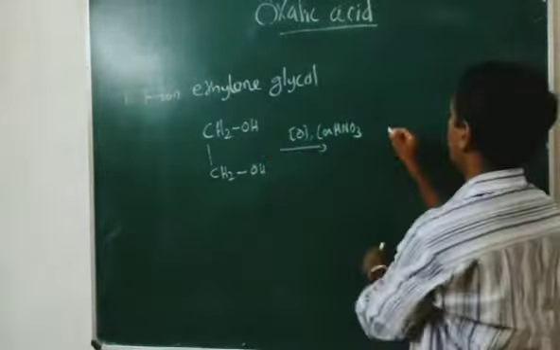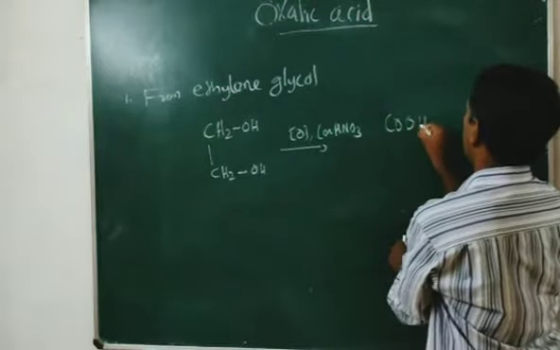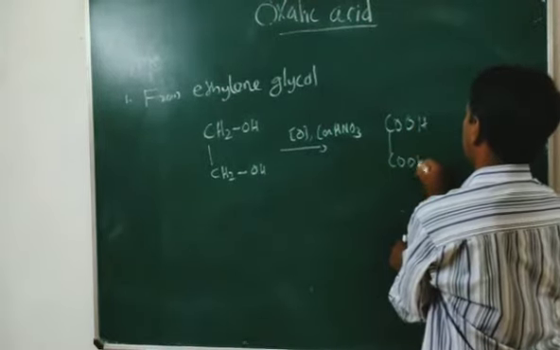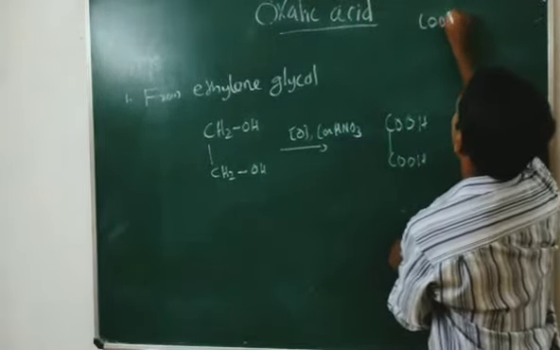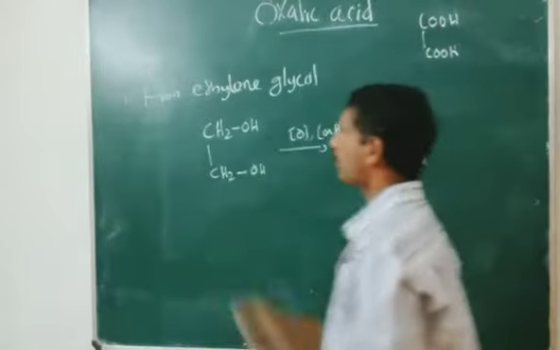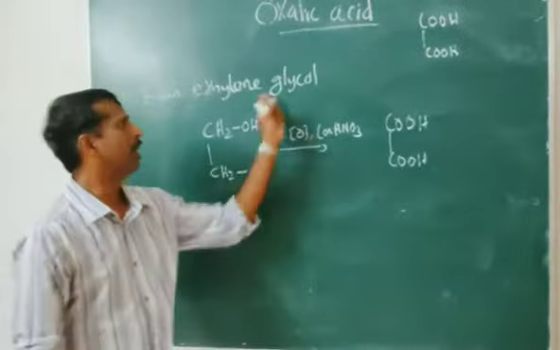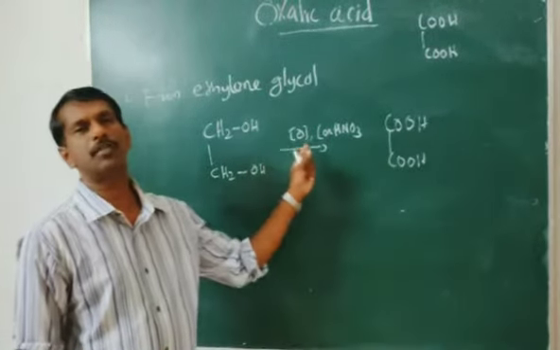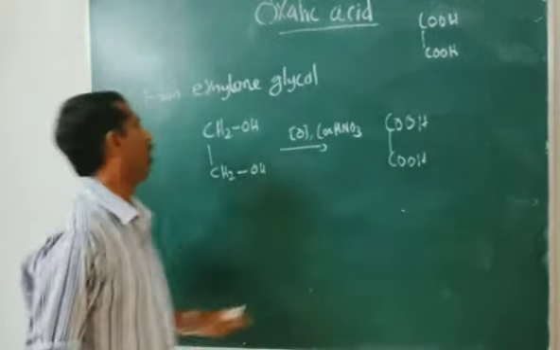The CH2 group will be oxidized to COOH, COOH. This is oxalic acid. First method of preparation: from ethylene glycol on oxidation with concentrated HNO3, we get oxalic acid.